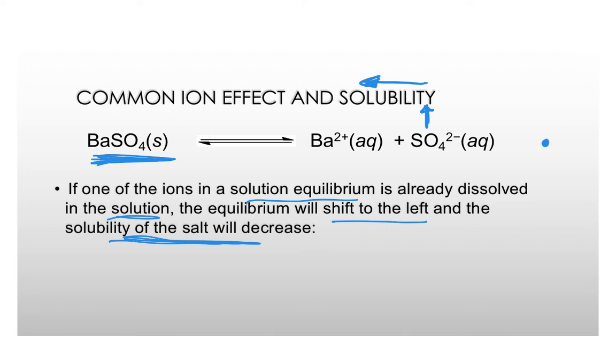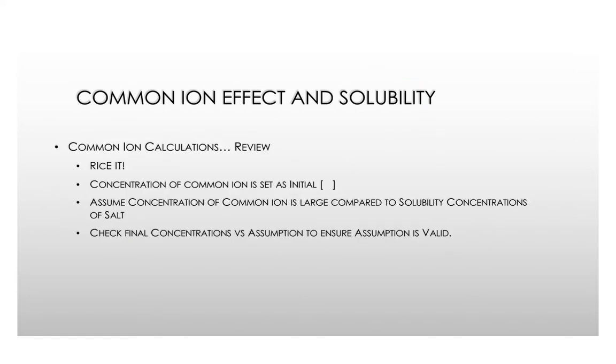So some of that which would have dissolved before is not going to dissolve. It's going to stay in the solid form. So if we have a common ion in solution, it decreases the solubility because the equilibrium shifts to the left.